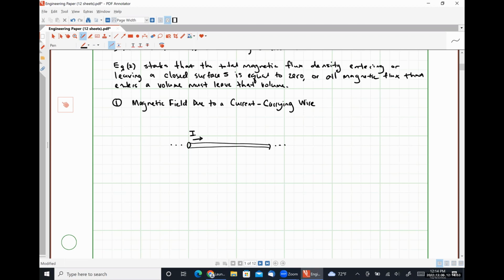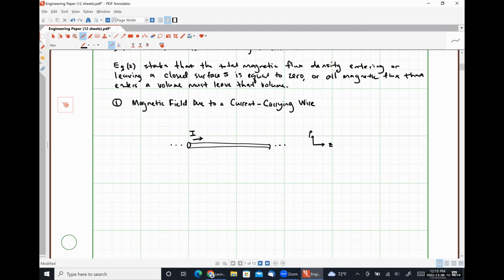I'm going to assign a coordinate system for this. Let's call the horizontal axis the z-axis and the vertical axis the rho axis, and we're going to be working in a cylindrical coordinate system that's tilted over on its side effectively. That's not going to be particularly important, but we're going to exploit symmetry.